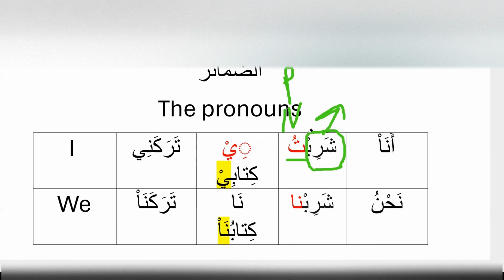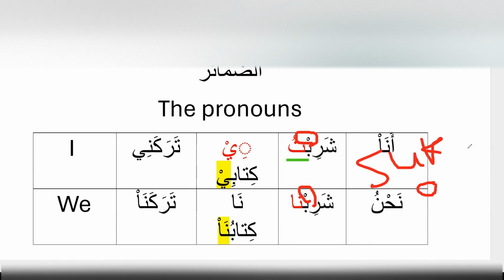Number two, the verb itself, the letters will be there everywhere, but the sound at the end could be changed sometimes. This one, as we see, the vast majority, it's this circle, sukun. This one we call sukun.